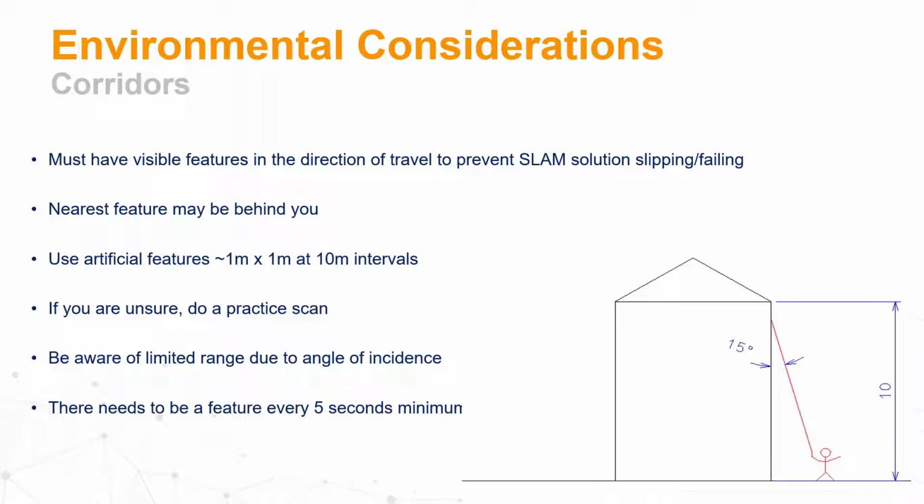If it's on the side, the angle of incidence will mean that there will be less point density if you don't walk right through it, and this might not be the best practice to capture those features. So just make sure that you make a walk around them, and any loop around the features will help to create the trajectory as well.